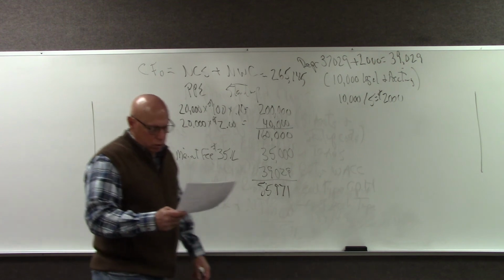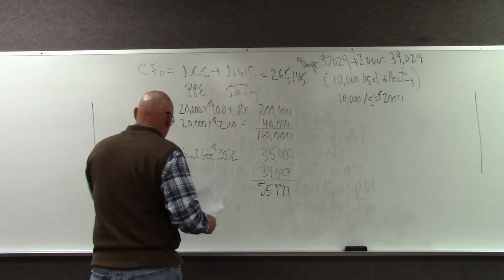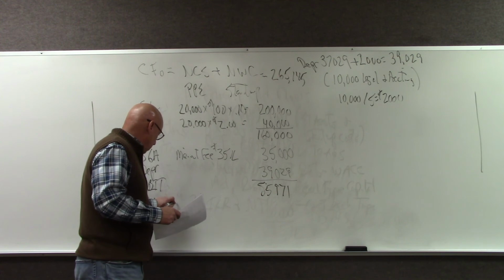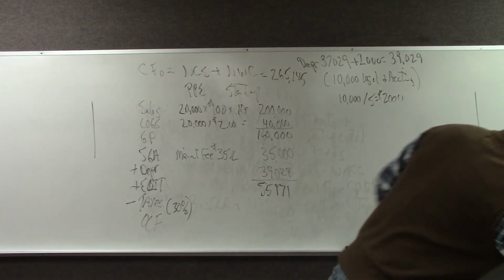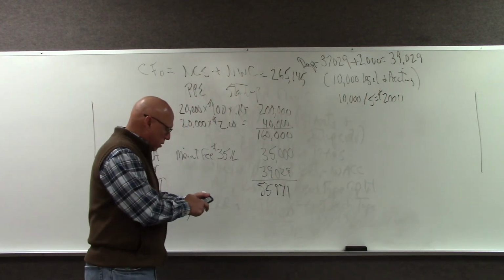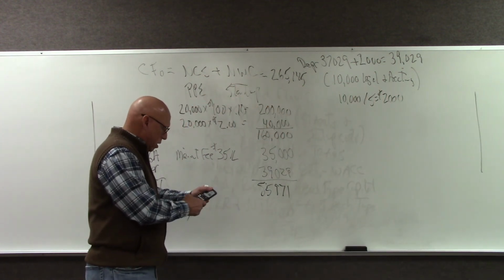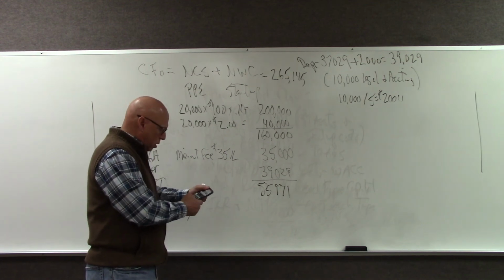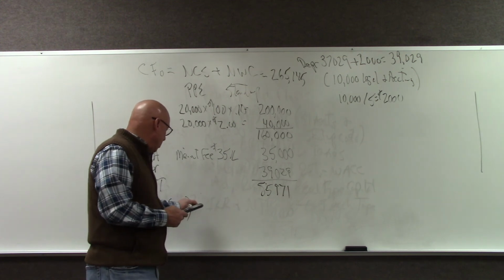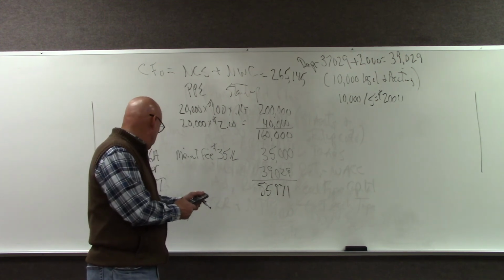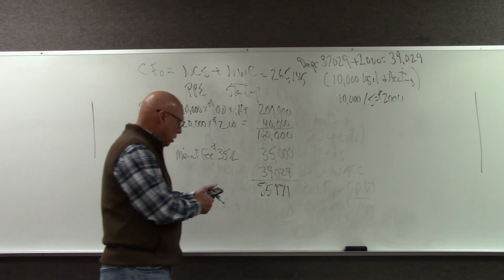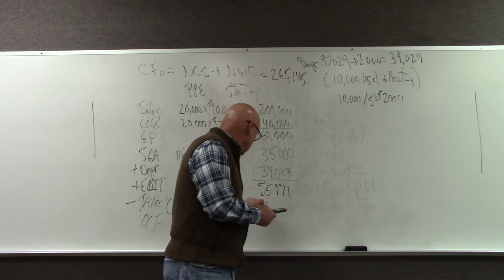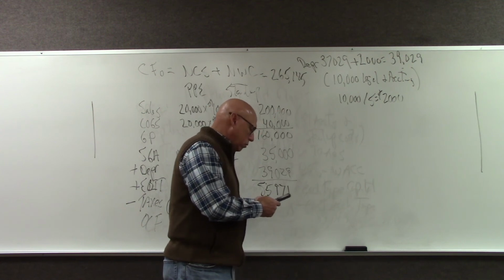So our taxes, our tax rate is 30%. So let's multiply 85,971 times 0.3. Sorry, not 1 minus 0.3, just times 0.3, which is 25,791.